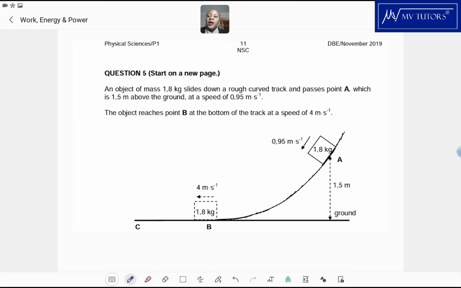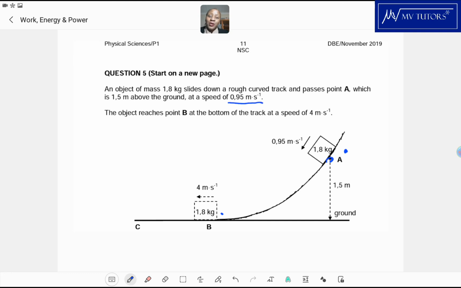It passes point A, which is 1.5 meters above the ground. I'm supposing it was stationary, and then due to gravity, it starts sliding down. Here I'm already seeing potential energy at its max, and when it reaches the bottom, I see kinetic energy at its max.